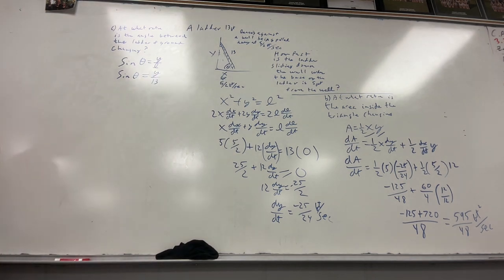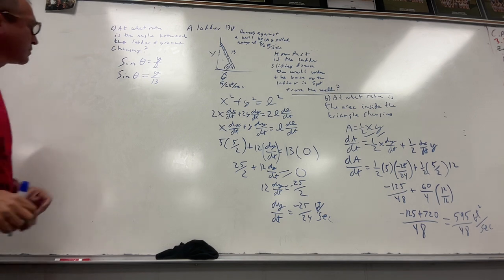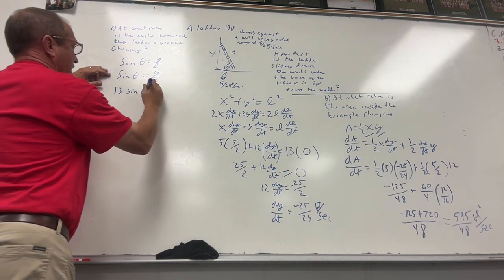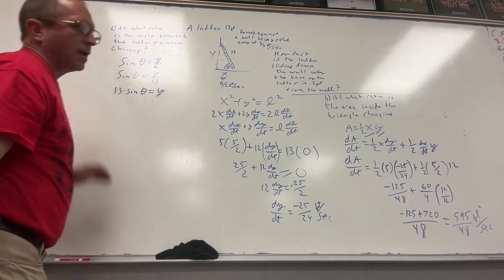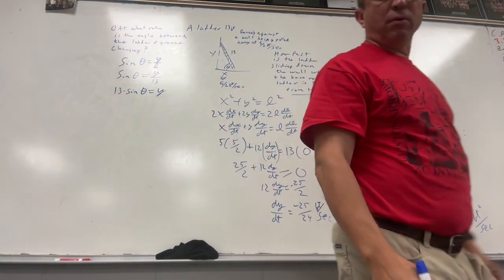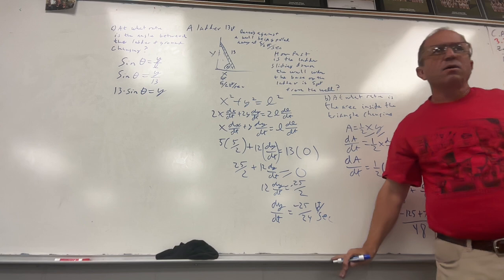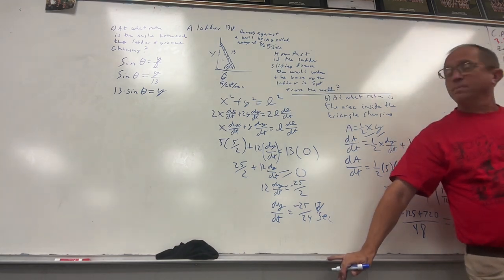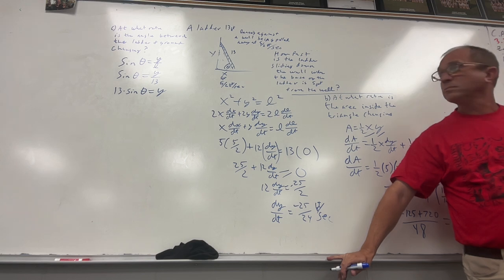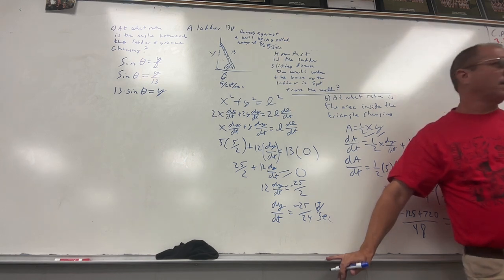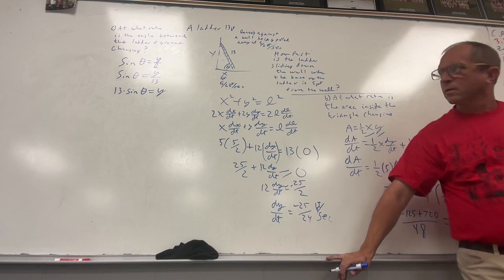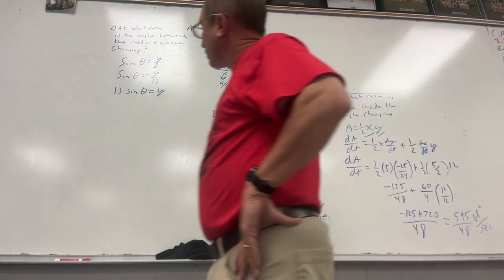Right? Okay. So, 13 times the sine of theta is equal to y. Again, have not done any calculus to this point. Everything right there is just trigonometry and me writing it.